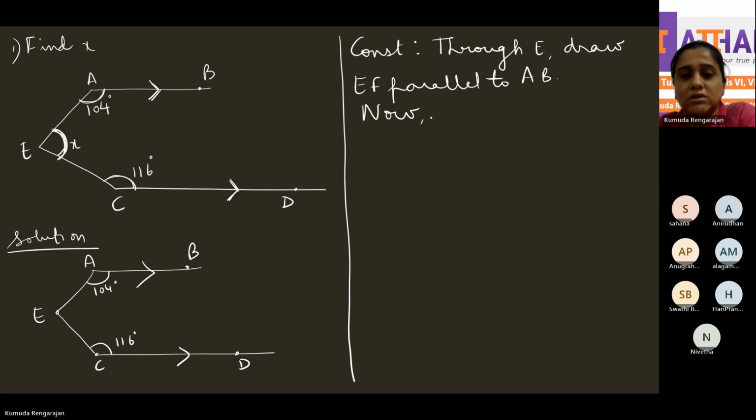Now, EF is parallel to AB, but CD is also parallel to AB.